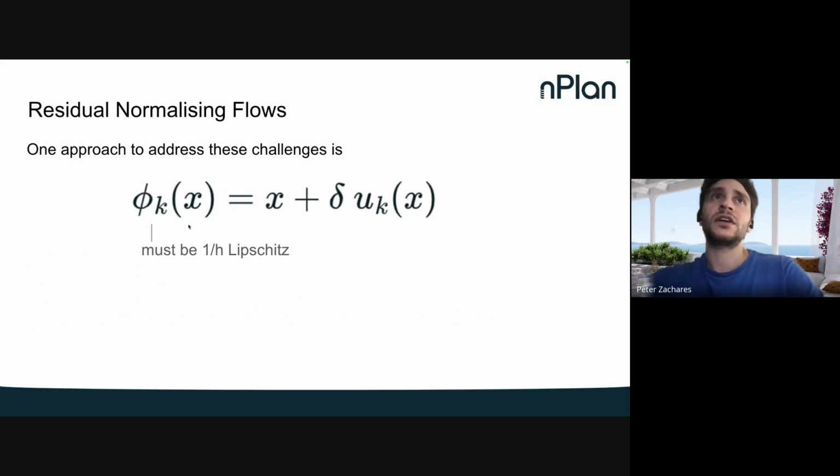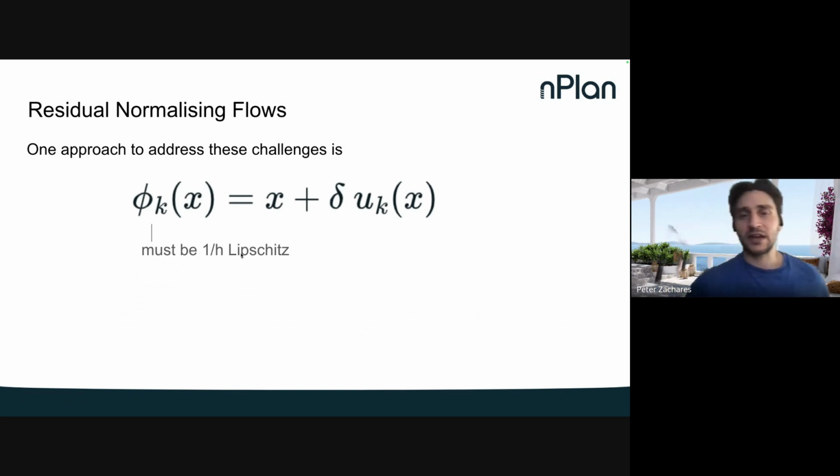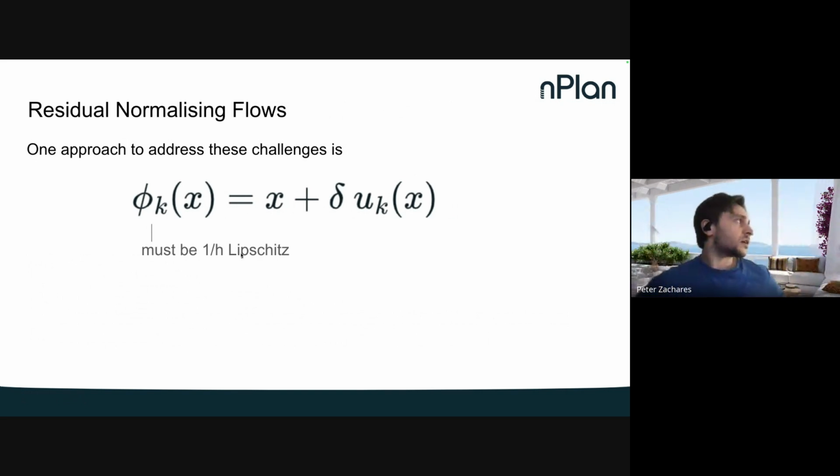The constraint for these residual normalizing flows is that they have to be 1 over h Lipschitz. Lipschitz is a constraint that describes how quickly something changes between 2 points. That's a simple way of describing it. So there needs to be an upper bound on how fast a function changes between 2 points.